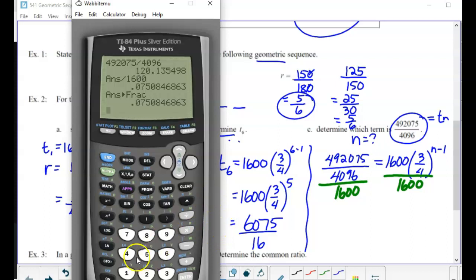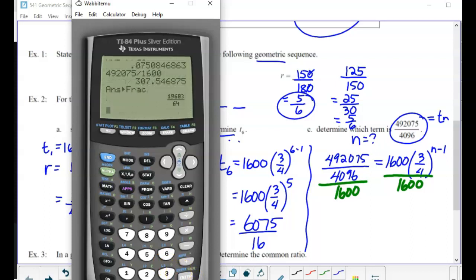Okay, so you could probably do 492,075 and divide by 1600 because the others doesn't divide. And then let's do math frac. Yep.